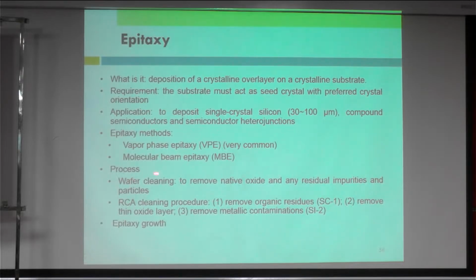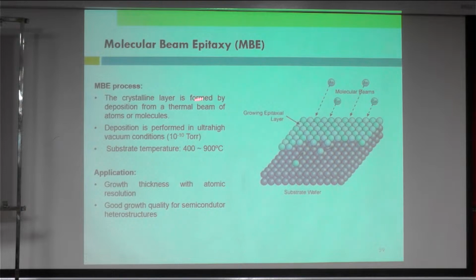The process starts with wafer cleaning as normal, then RCA cleaning, then you do the epitaxy growth. So this is for MBE. You have your substrate as the seed, then you form the crystalline layer on the substrate. The crystalline layer is formed by deposition from a thermal beam of atoms or molecules.